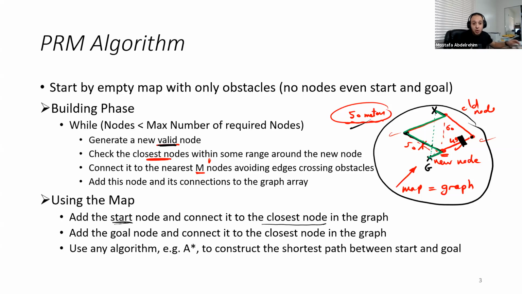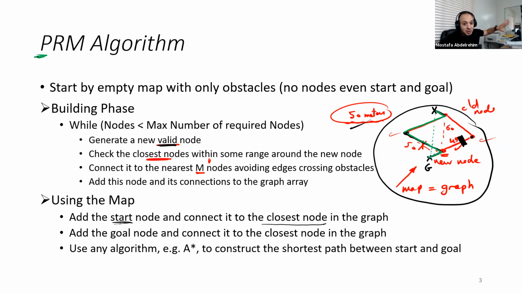Okay, because you are using what's already there. It's a probabilistic roadmap, something that you create from scratch. You generate randomly the nodes. So you must use what you get, what you created. Okay, although it might be not optimal.